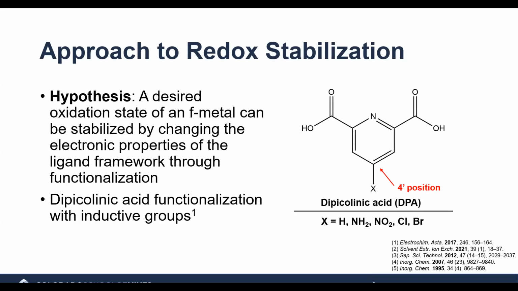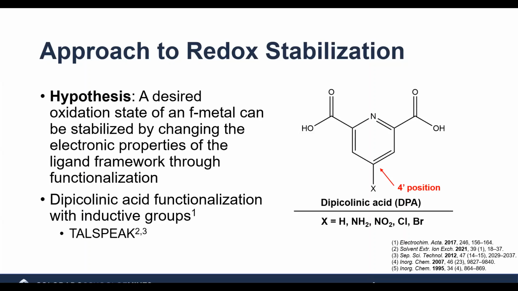Dipicolinic acid is a great choice because it is stable toward degradation in acidic conditions.